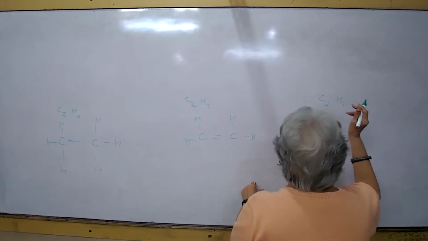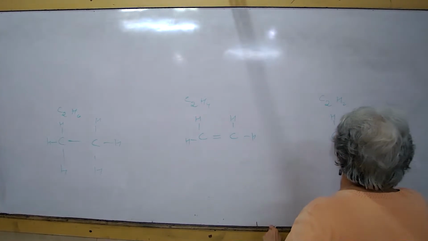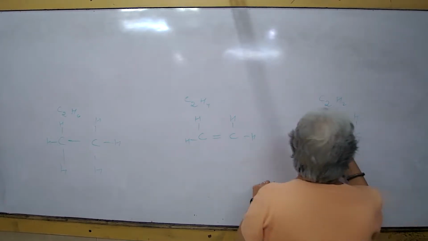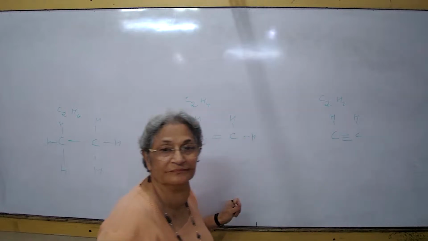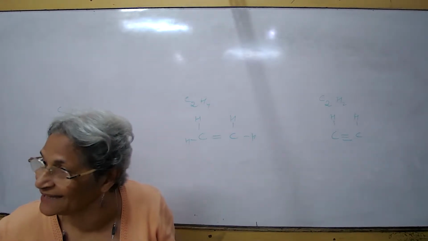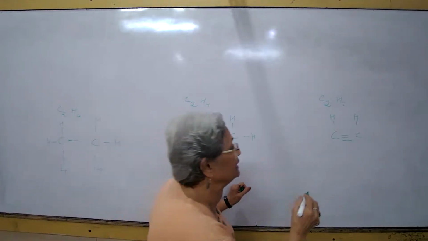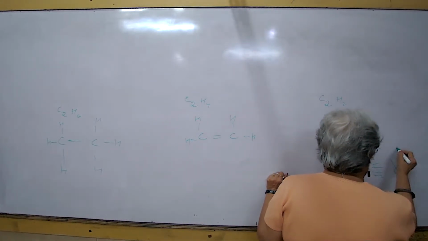You cannot get four bonds between C and C. That compound is not stable. It does not form.